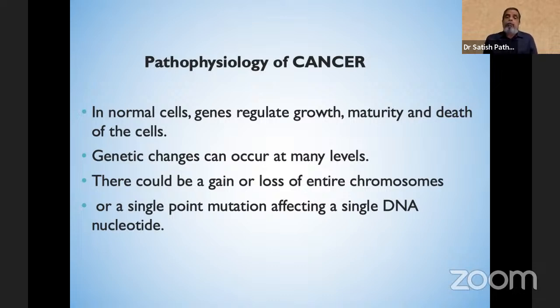We are not sure where it acts, but if it is affected, it may be at different levels. The production of the cell, the death of the cell, the maturity of the cell, all depend upon the programming done in the gene. Now, if this programming is affected for any reason, then the new cell formed is an abnormal cell, which is called a cancer cell.